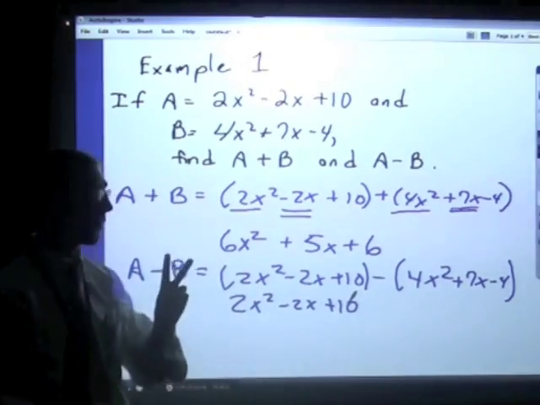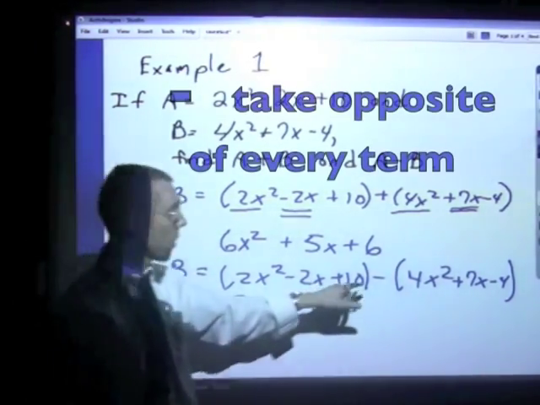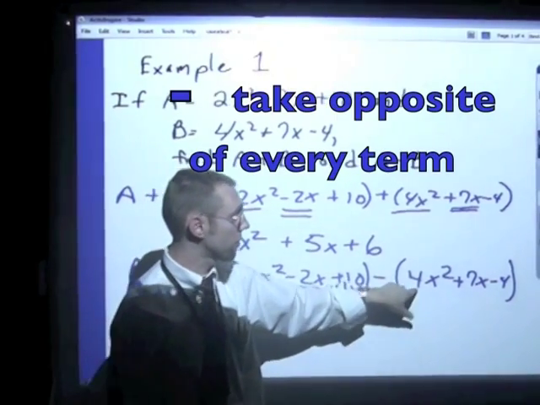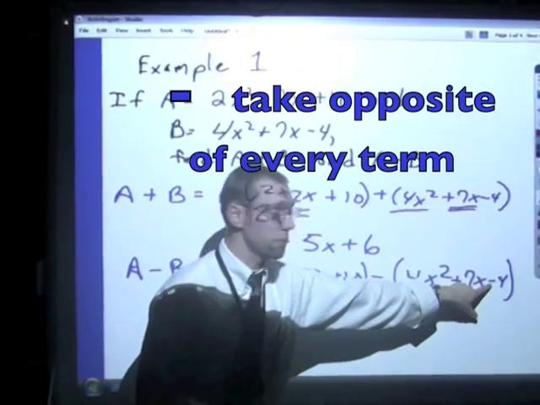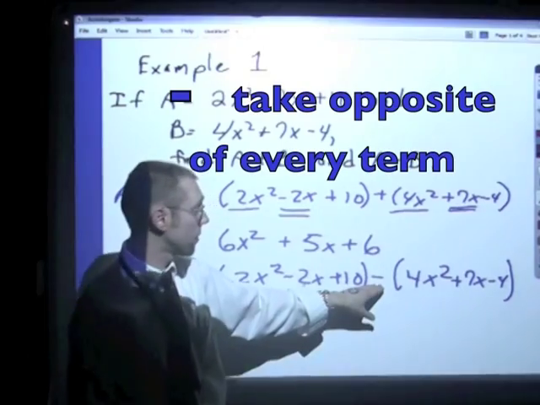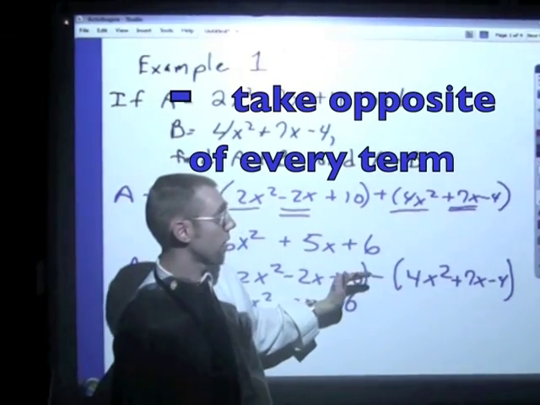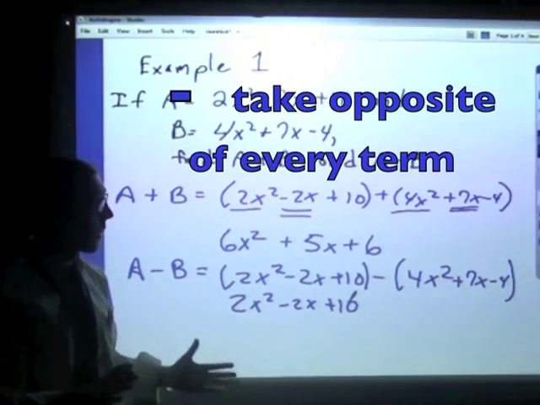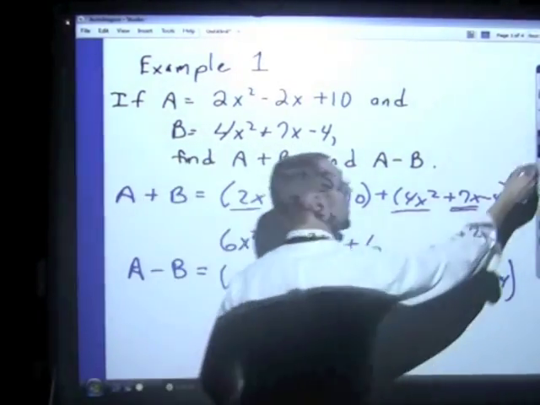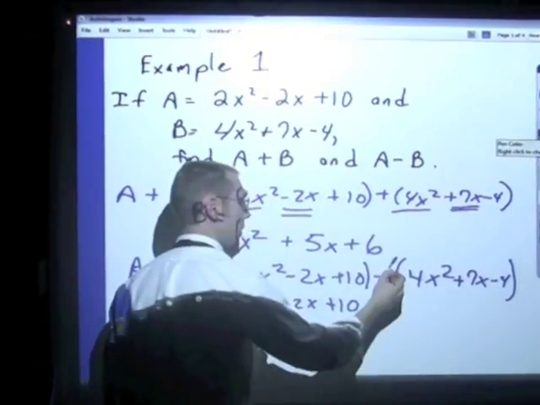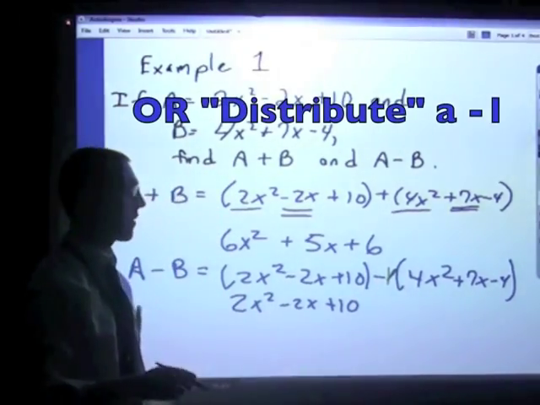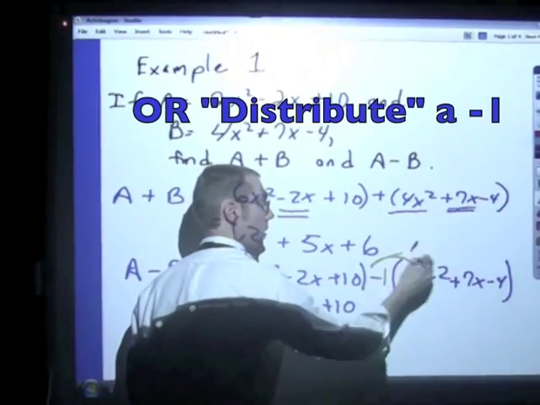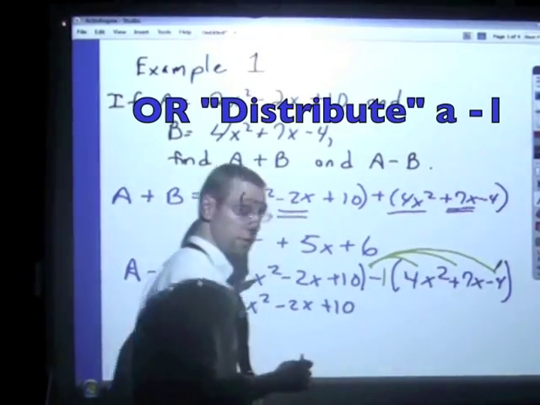Now, there's two ways to think of it. Either you figure you're taking the opposite of every term within that polynomial, meaning the positive becomes negative here, this would change to negative, and this would change to positive. That's what this sign would do. Take the opposite value of everything, and opposite just means changing the sign in parentheses. But what a lot of students prefer to do, besides that, is they would put in a 1 here and treat this as distributing a negative 1 into the polynomial, which means that you could put arrows in, which I'm sure you've seen.